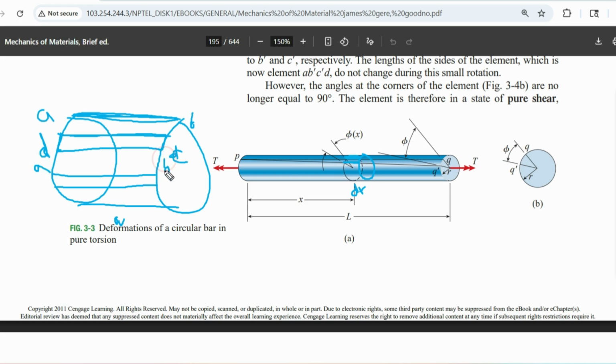We have A, B, C, and D, but it doesn't look like a rectangle anymore. We have this angle formed, and so we get new locations for B prime and C prime, and the angle between B prime and C prime is that d phi.